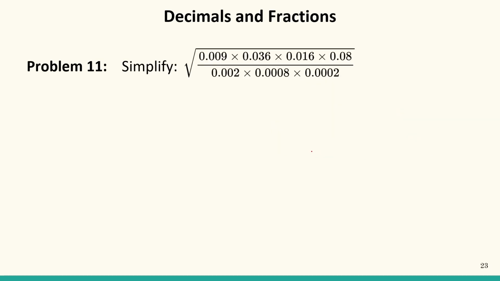So problem number 11 asks us to simplify 0.009 into 0.036 into 0.016 into 0.08 whole divided by 0.002 multiplied by 0.008 multiplied by 0.0002. This seemed to be a tough one, but it is not.